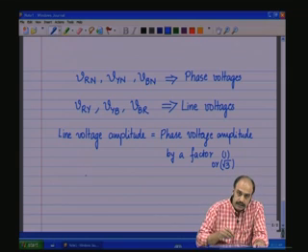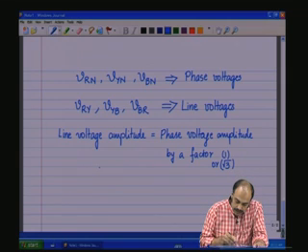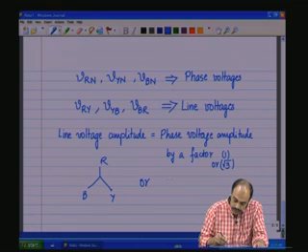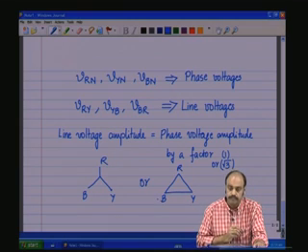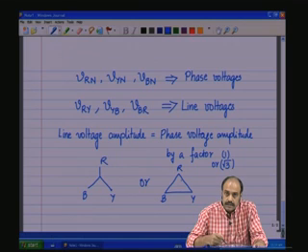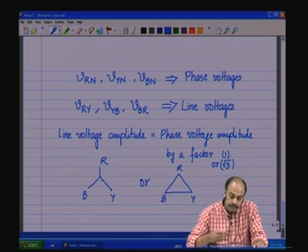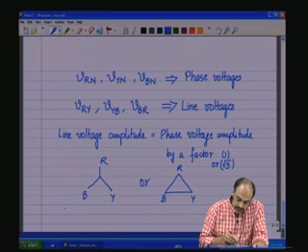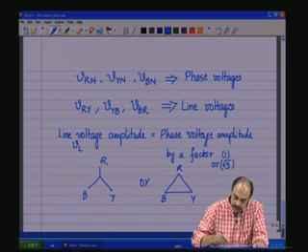If the phases are connected either as a star or Y, or they are connected as a delta, if they are connected as star, line voltage, we will call this one as VL, and we will call the phase voltages as VP.